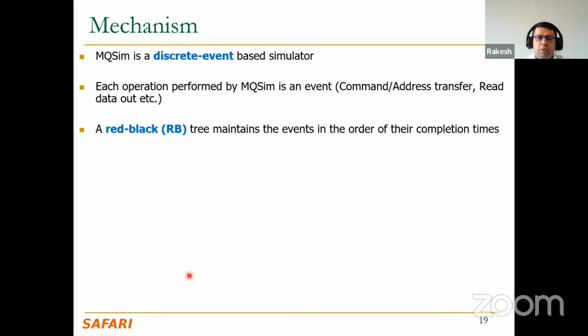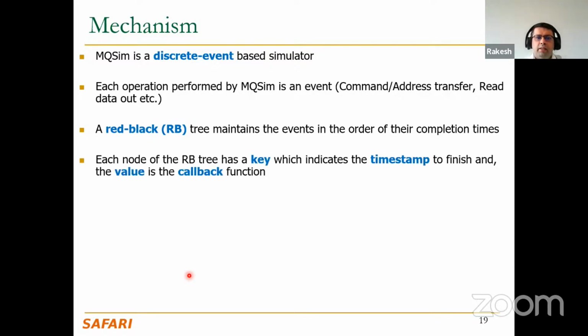So the next event which has to be completed will be the first one to be stored in the RB tree. And each node of the RB tree has a key which indicates the timestamp to finish, and the value is a callback function.